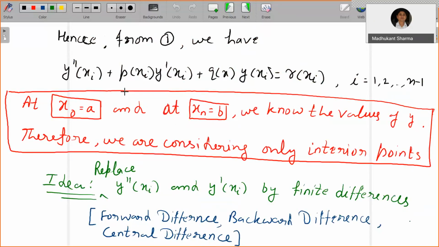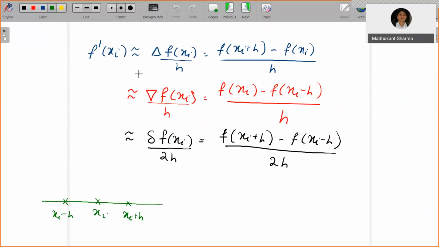If you recall, f dash is related with the forward difference operator by delta f at xi over h, which is given by f of xi plus h minus f of xi, meaning future value minus present value.